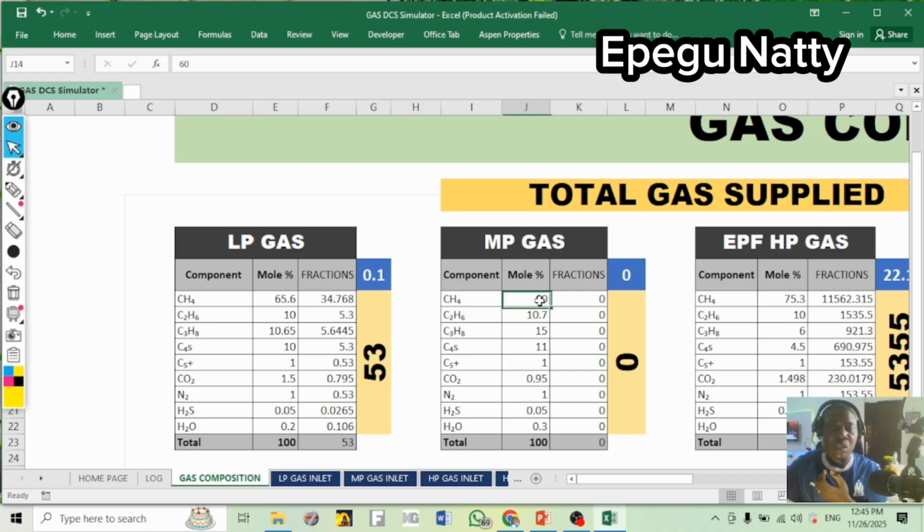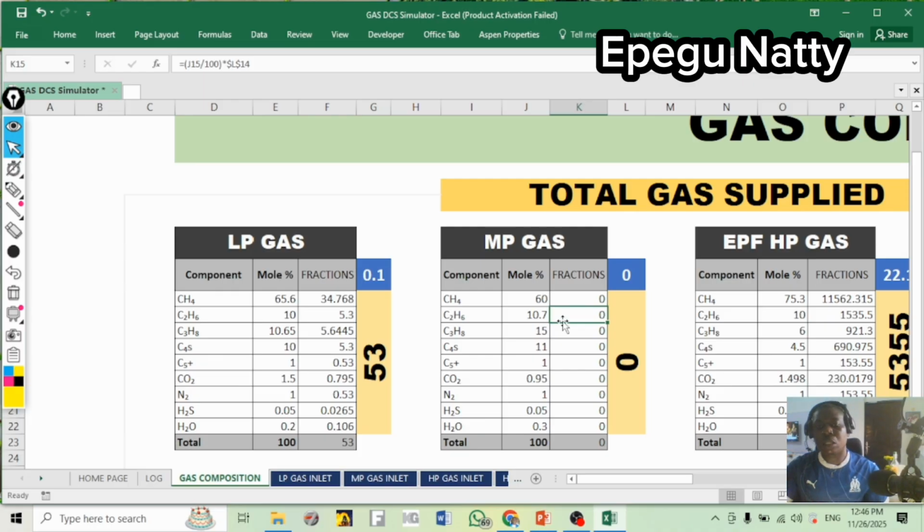Now this is a rich gas, right? So I can change it like that. Now you know, this is a simulator, so we can play around with the parameters. If we want to refine a lean gas, we play around with the parameters, change it to lean gas composition, and then we refine it and see the output. And also if we want to refine for rich gas, we can also tweak it.